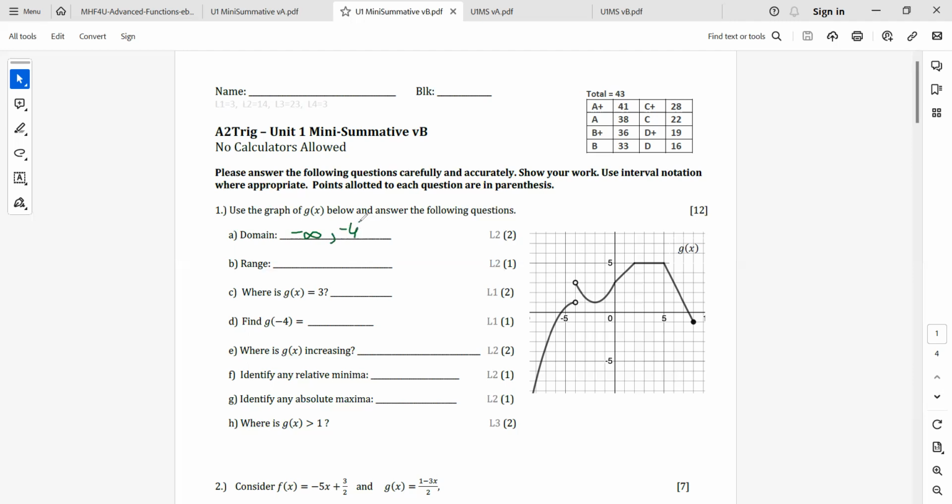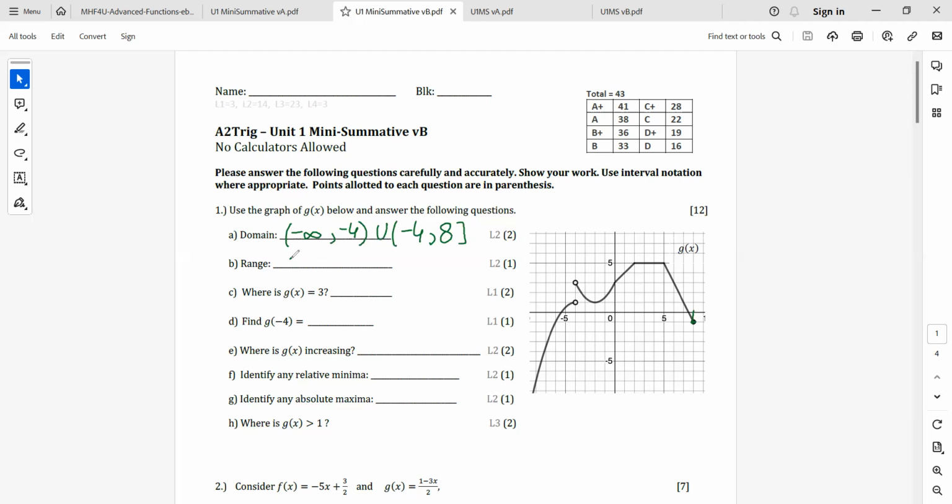It's giving a break at -4, and it's open. Then union, and then from -4 till 8. There will be a closed bracket at 8 because the point 8 is included. Very good. And I want you to speak loudly.